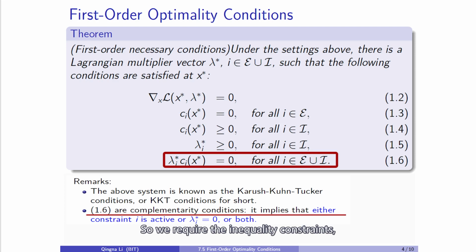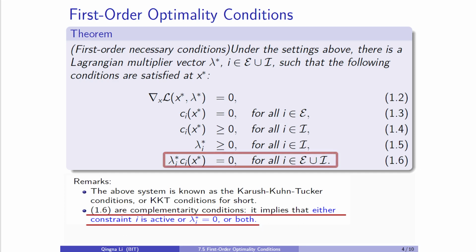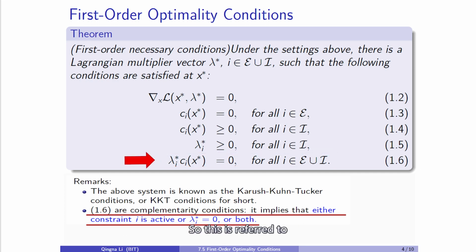We require the coefficient lambda i for inequality constraints to be non-negative. After that, we also require that lambda i multiplied by c i is 0 for all inequality constraints. This is referred to as the complementarity condition, as we mentioned before.